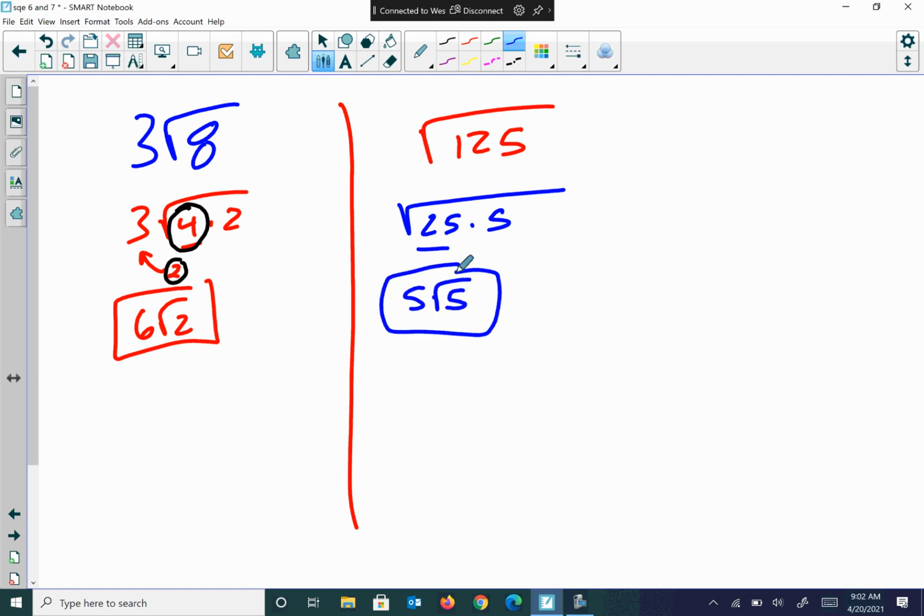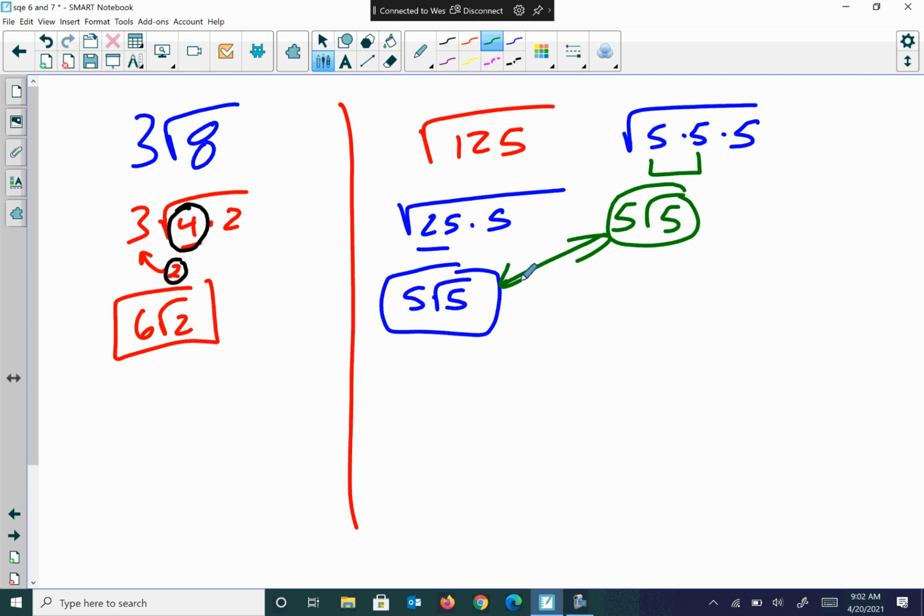Does your work look like mine? Some of you might have also realized this was this, which gives me the 5 outside. So 2 different ways to look at it. Both are totally correct. Oh, good.